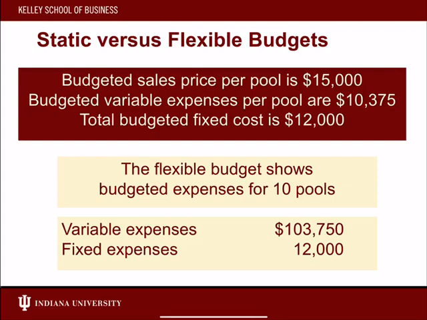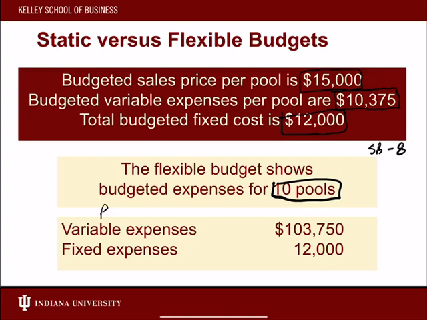So the first thing we want to do is set up that flex budget that we were talking about. So per our budget, our pools sell for $15,000. The variable expense is $10,375, and our fixed expenses were $12,000. So if we flex our budget, because our static budget said we were going to sell 8 pools, we're going to flex it to now assume we sold 10 pools.